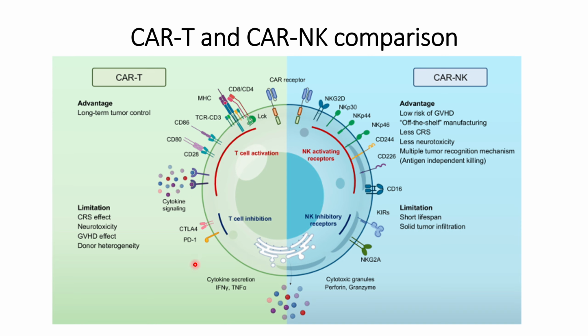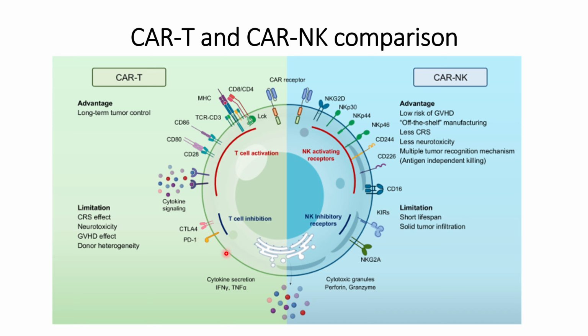Some of the T cell inhibition receptors present on the T cell surface are CTLA4 and PD1. This leads to T cell inhibition. It is necessary in the regular system to avoid continuous activation of the T cells, even when no harmful foreign particles are present within the host.